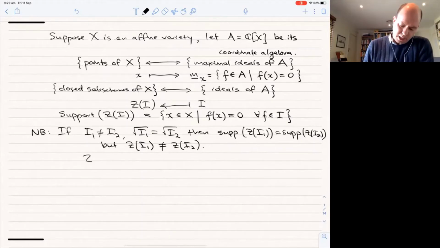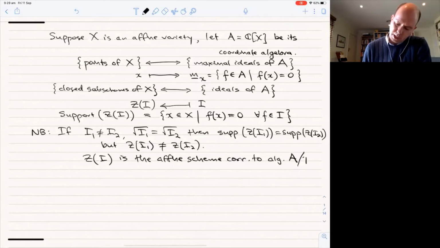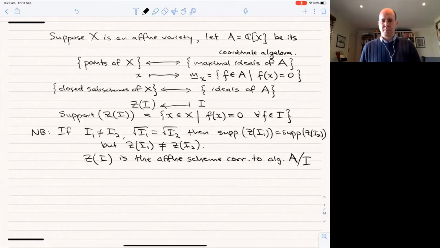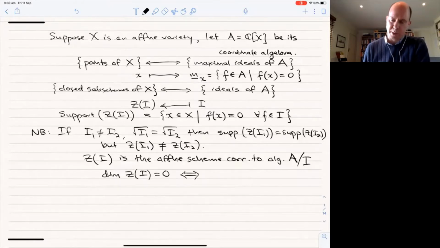So this Z_I is the affine scheme corresponding to the algebra, which is the quotient of A by the ideal I. And when I talked about zero-dimensional closed subschemes, that's equivalent to talking about finite-dimensional quotients of your original coordinate algebra.